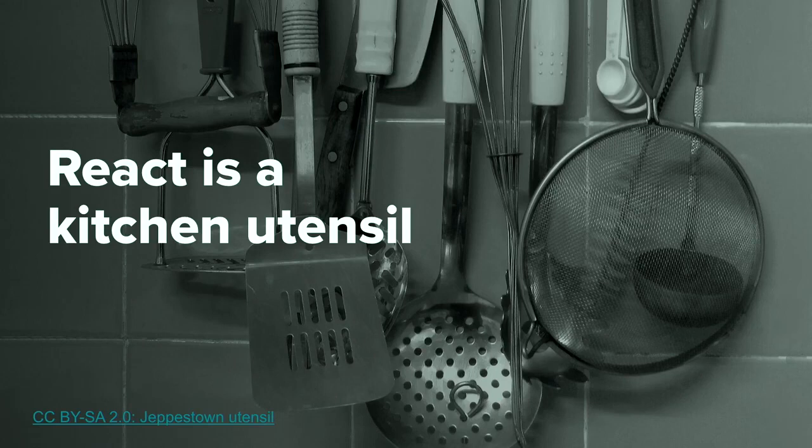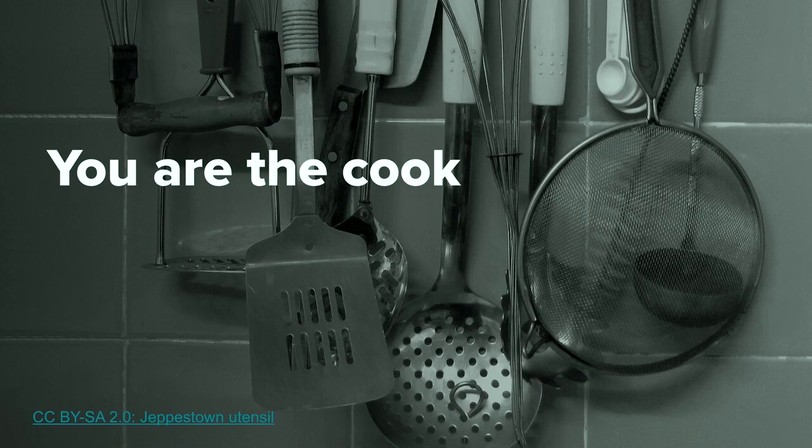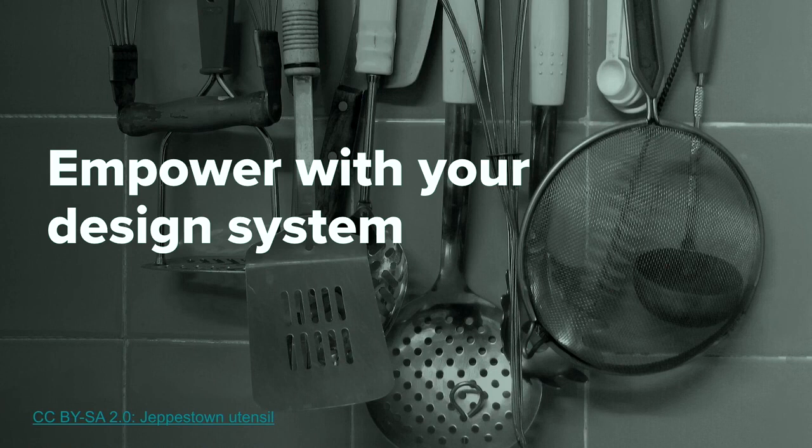It is not the only utensil in your kitchen. You are the cook. In my opinion, it is up to the developer to have that standard HTML, CSS, JavaScript, and accessibility knowledge to be able to leverage a utensil correctly, and that includes React.